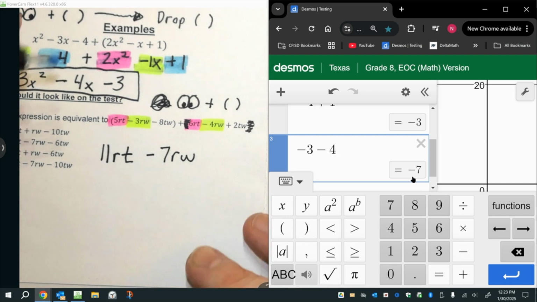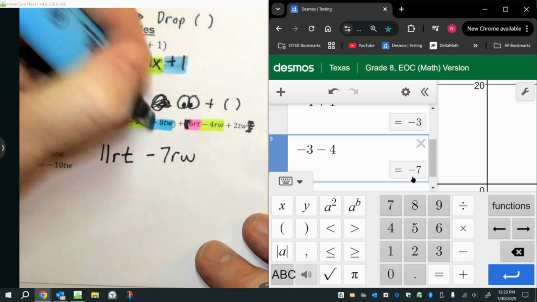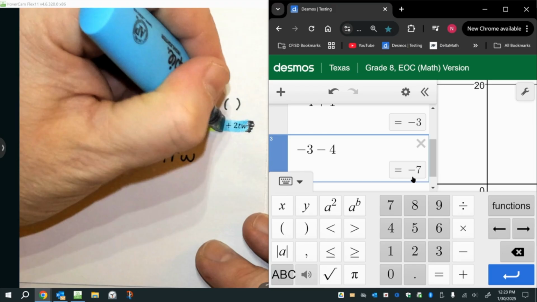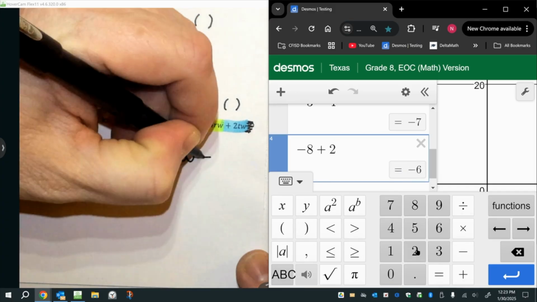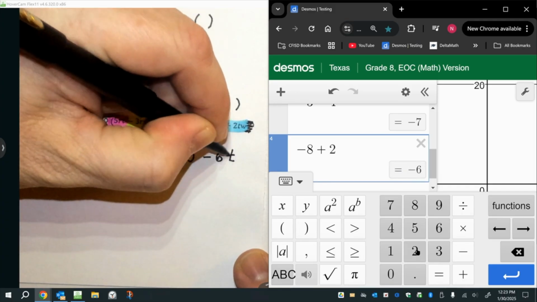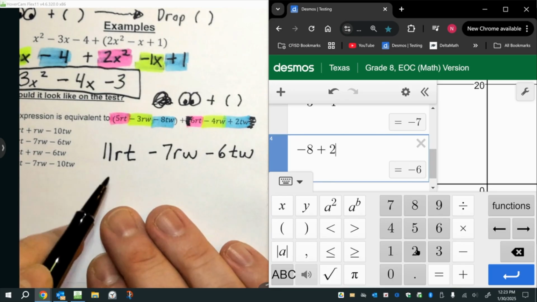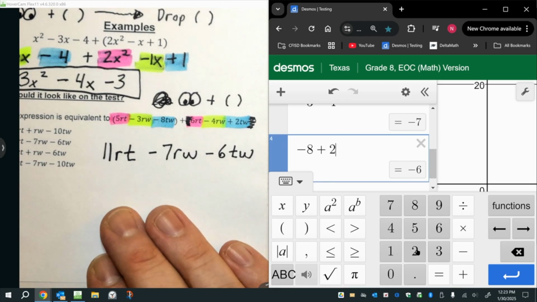And then I'm going to take my negative 8tw and add it to my positive 2tw, and that would give me negative 6tw. And so that would tell me that my answer is B.